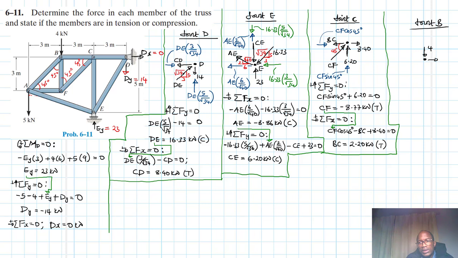BC is in tension, which is a 2.20. And then let's say this one is in compression, BF, and then let's say this one is in tension. Okay, and we already know the angle to say this is 45.